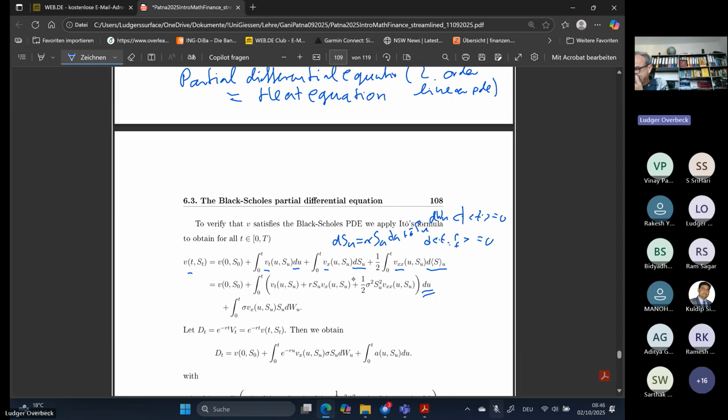Okay, this means for dS_u we have r S_u, which appears here, and we multiply it also with V_x. So this is the first term. We also integrate by du. And for the quadratic variation of this one, we see 1/2 sigma squared S_u squared V_xx. So that comes from the quadratic variation.